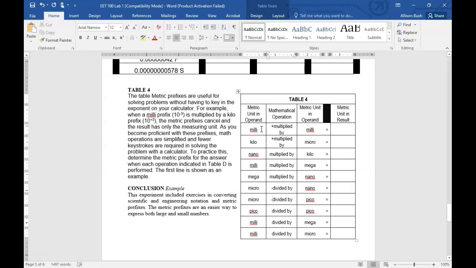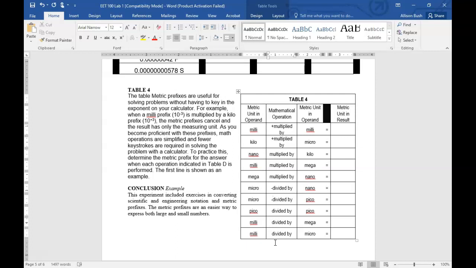What is milli? Not quite. So y'all should all have your lab up in front of you. You have milli, micro, nano, pico: -3, -6, -9, and -12.